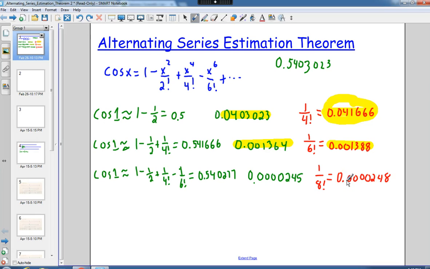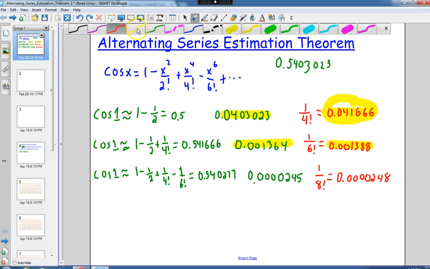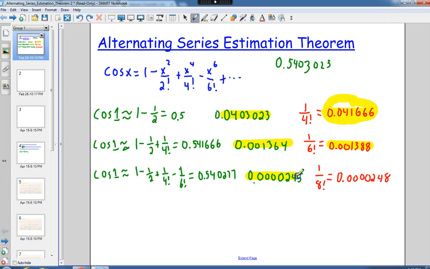And so we get this particular process where if we add up a particular sum of terms in an alternating series, the difference between the actual sum of the series and the partial sum will be no greater than the first excluded term.